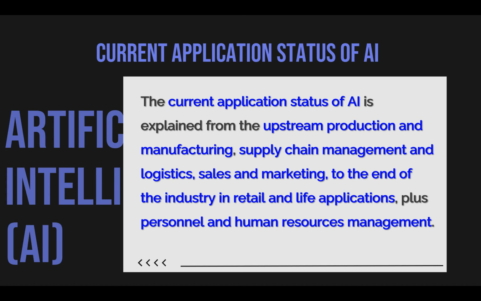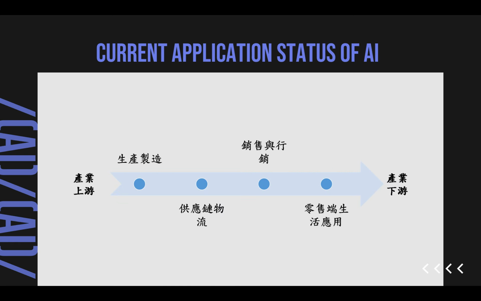The current application status of AI is explained from the upstream production and manufacturing, supply chain management and logistics, sales and marketing, to the end of industrial in retail and life applications, plus personnel and human resources management, HRM.